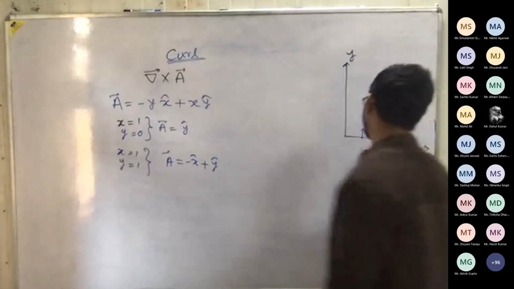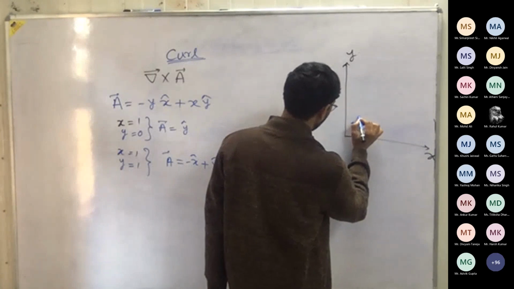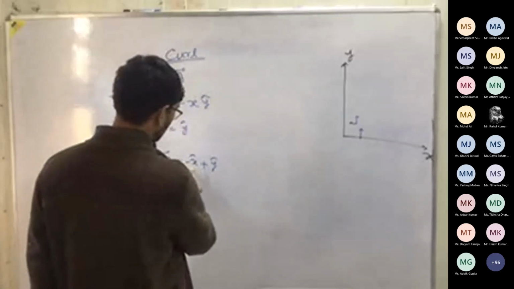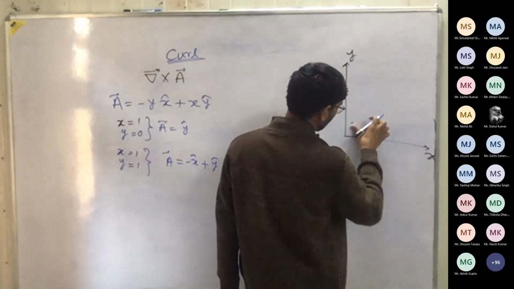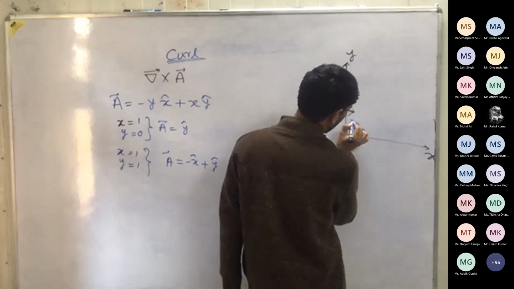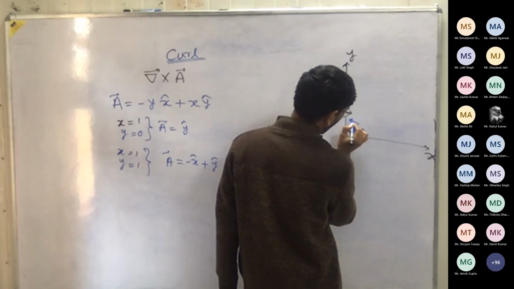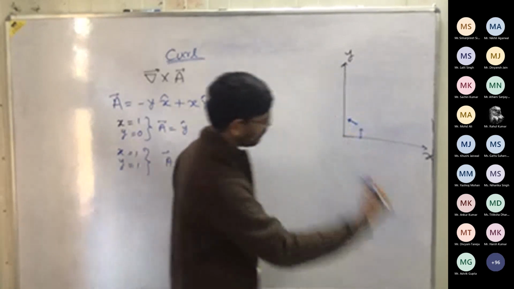It is basically pointing this and this, right? So it is the resultant of that. Okay, so I'll remove this. So at this point, the vector will have this direction. My drawing is not that perfect, but you understand what I mean, right?